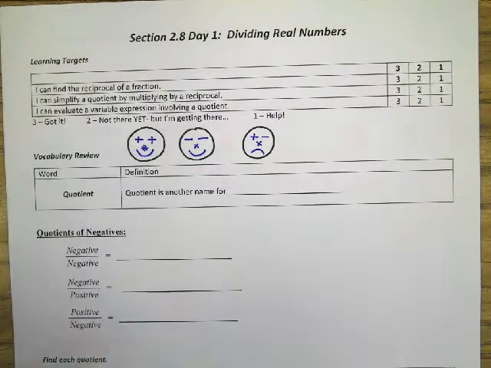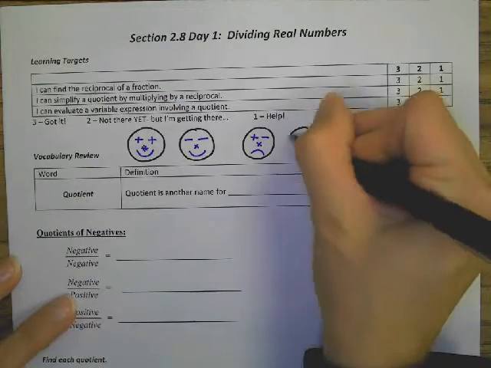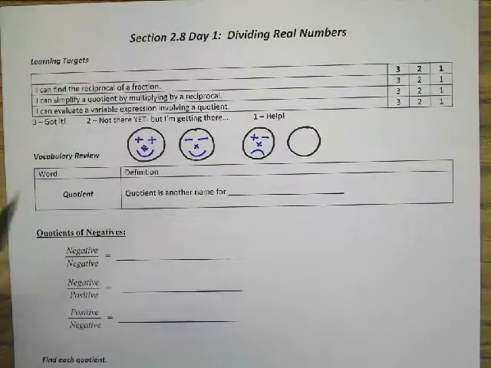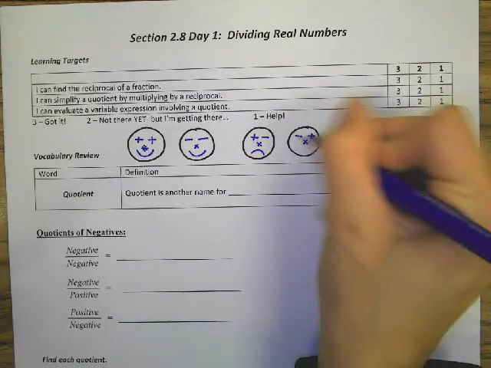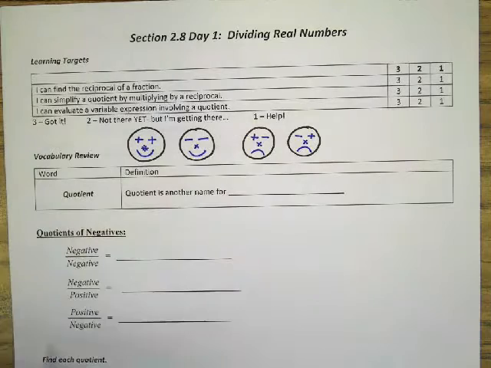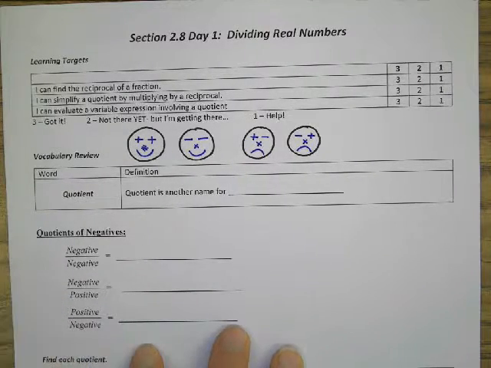Oh, that's negative. Almost looks like he's got one bad eye. Or what if we have negative times positive? That's also going to be negative. It's kind of like that love to love thing. Okay, I just want to draw that on there because that's also the lesson for today.